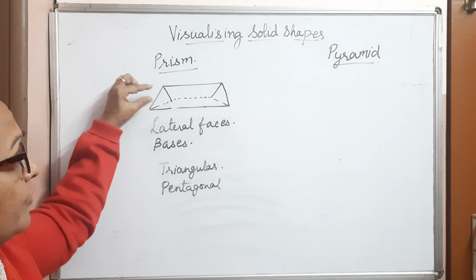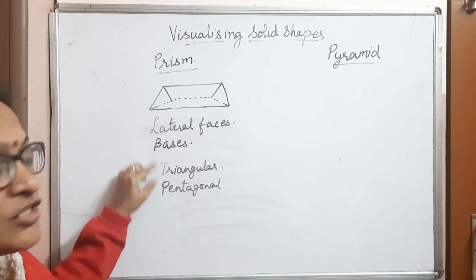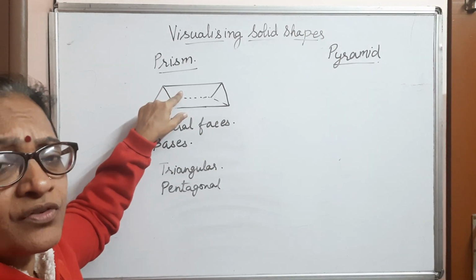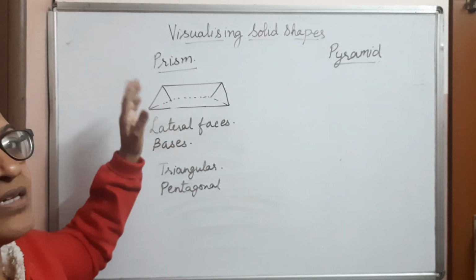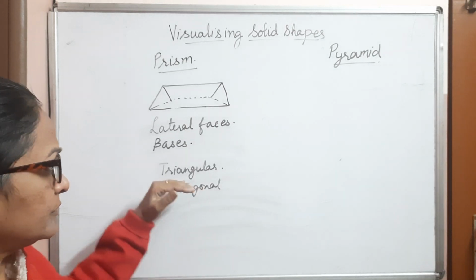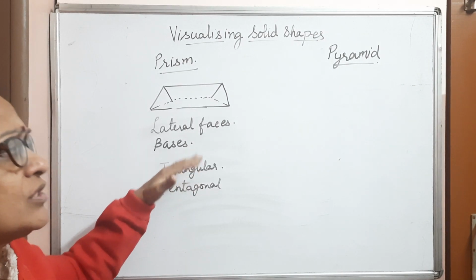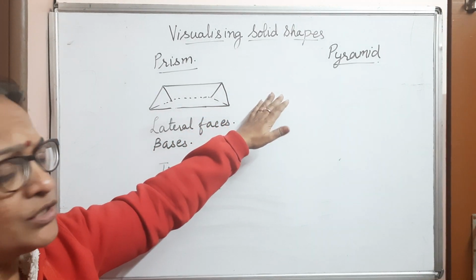If the base is in the shape of a triangle, we have a triangular prism. When we talk about a general prism, it is always a triangular prism. A quadrilateral prism is a cuboid because all sides are rectangular. So that is not included, or we are not listing it here because it is already included in the previous 2D, 3D shapes.